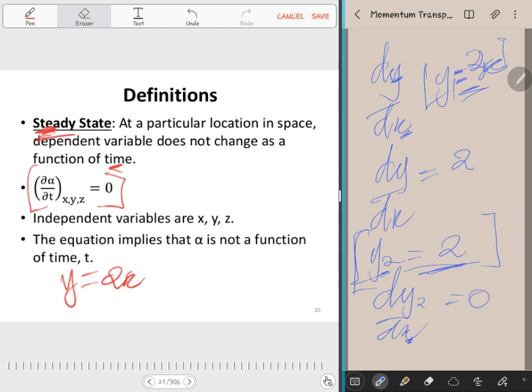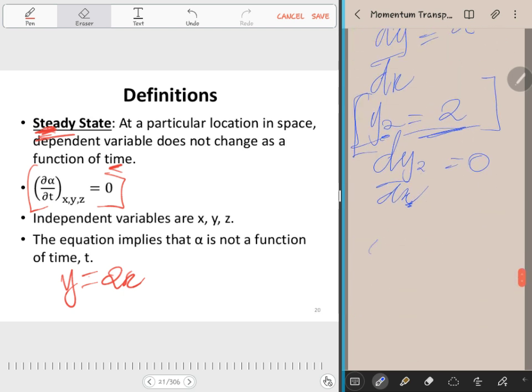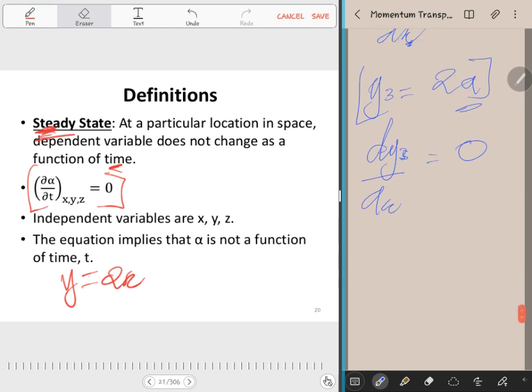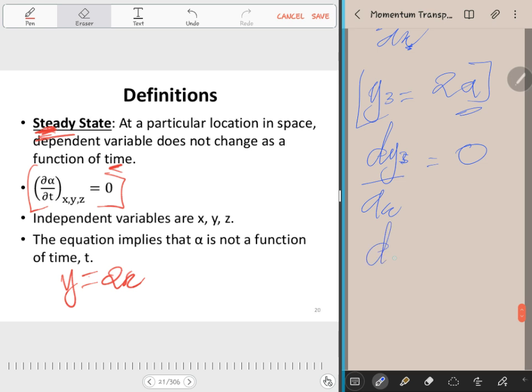Even if I were to have something like, let's say y3 is equal to 2a, and I'm trying to find dy3/dx, it will still give me 0 because this equation has no x in it, right? Simple differentiation rules. But if I were to do something like dy3/da, that's going to give me 2, right?